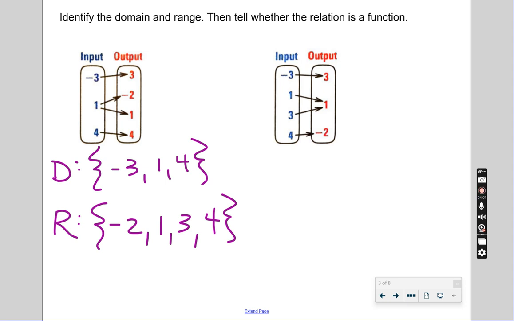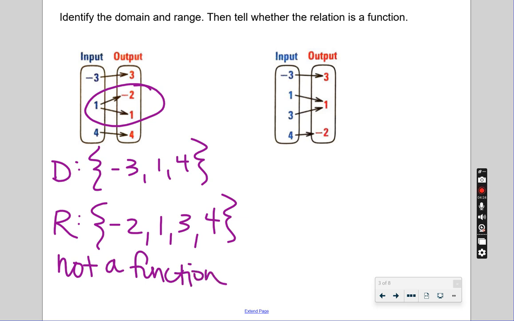So now the question is, is this a function? No. Why not? For the input 1, we had 2 different outputs. So this right here makes it not a function. Okay, let's come over here. What's the domain for this one? Yep, -3, 1, 3, 4.